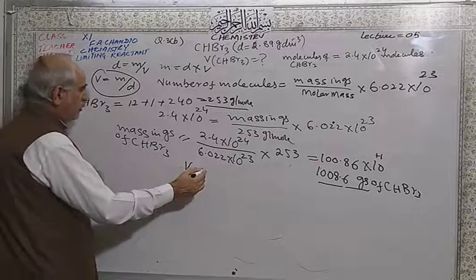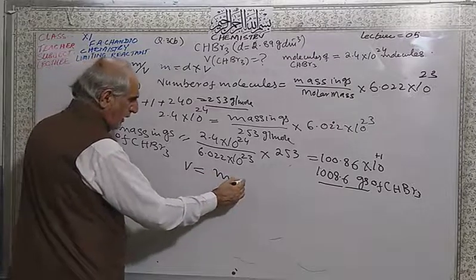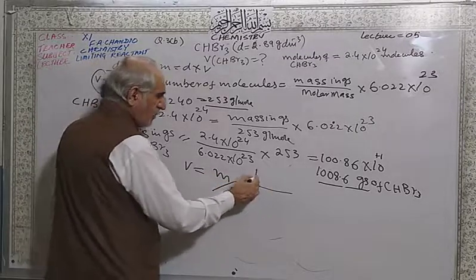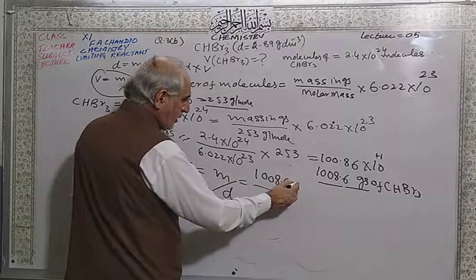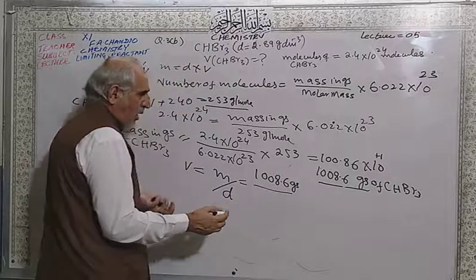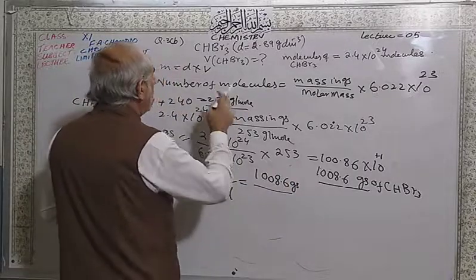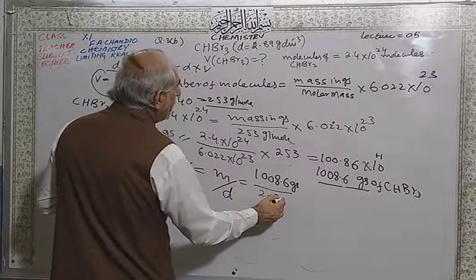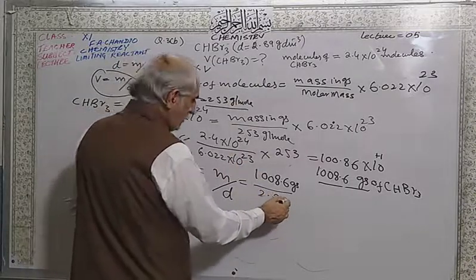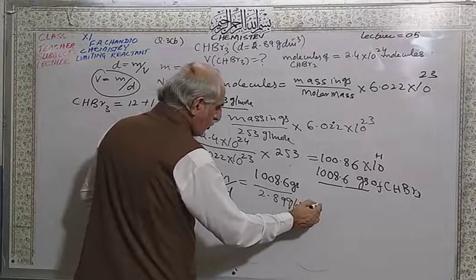Now apply the formula. Volume is equal to mass over density. So mass is 1008.6 grams divided by density, which is 2.89 grams per decimeter cube.